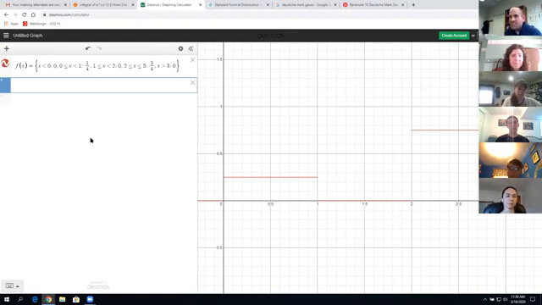What do you guys think? F of x equals, hey, what would I do before 0? 0. Yeah, that would definitely be 0. Okay. What's going on between 0 and 1?